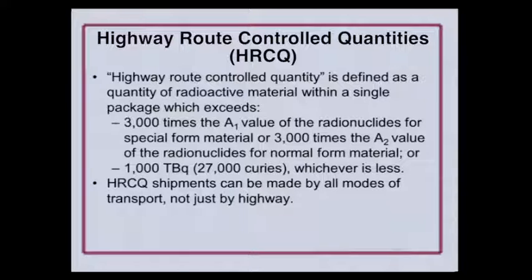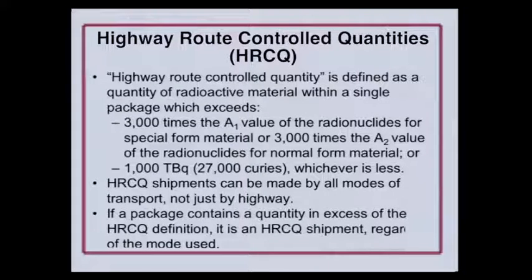Now, the title would kind of lead you to believe that it's restricted to those things transported over the highway. That's not true. It can be transported via any mode of transportation. And so you can have a highway route control quantity going by rail, or by ship, or by air, probably not by aircraft because it's too high. But all modes of transport, not just highway.